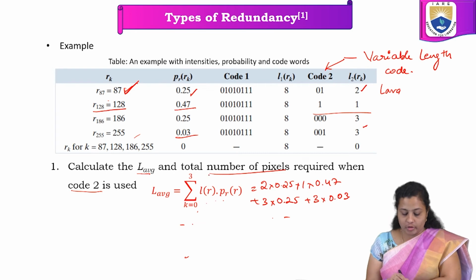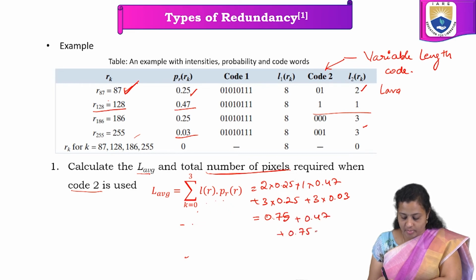The value is 0.5 plus 0.47 plus 0.75 plus 0.09, which is approximately around 2.